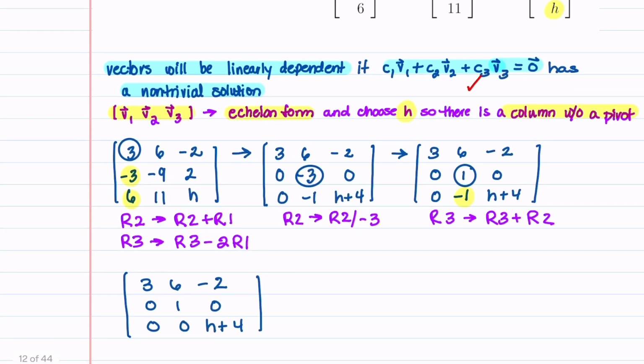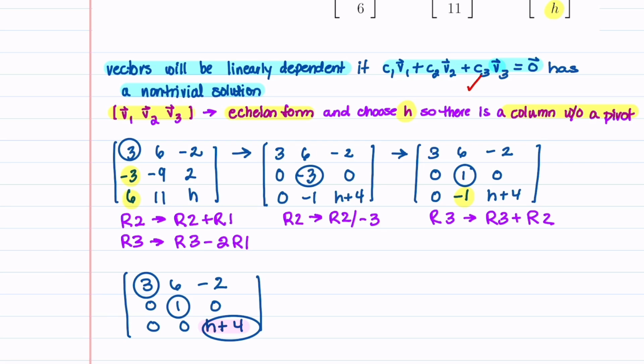Now, in order for our vectors to be linearly dependent, we have to have a column without a pivot. Let's go ahead and circle our pivots. And we can see that the only way that we can have a column without a pivot is if we make this entry equal to 0, which means it's not going to have a pivot.